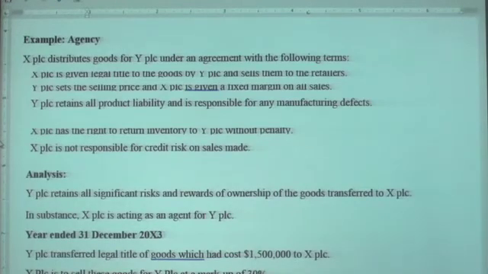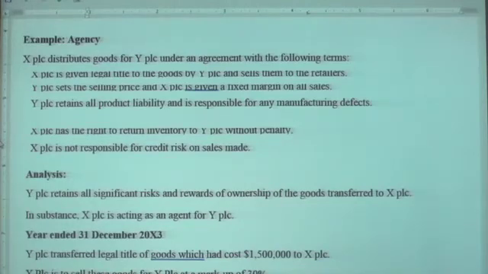YPLC retains all significant risk and reward of ownership of the goods transferred to XPLC. Why? Even though XPLC has taken those goods and stored them in their warehouses, unsold items at the end of the period will be returned. Any defective item, that responsibility will be taken by the manufacturer. Therefore, X is not responsible for any defective or unsold items. They just distribute.